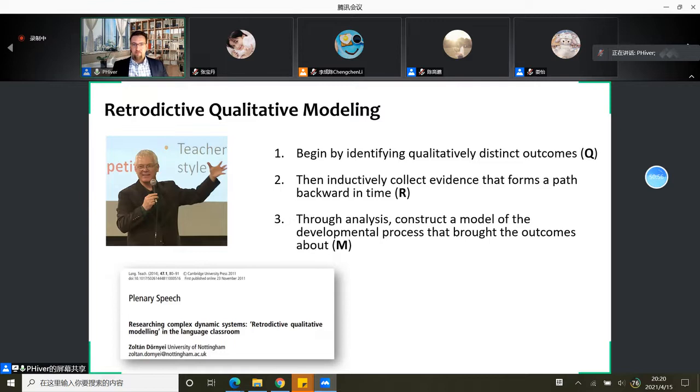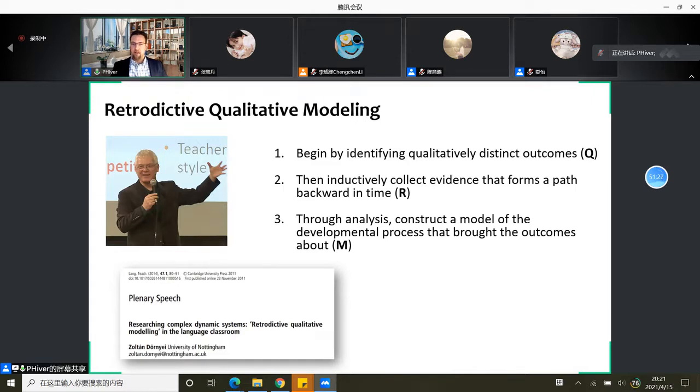So what is RQM? Well, RQM is a stepwise sequence of functional procedures. You can see that it begins in step 1 with identifying a qualitative outcome that the system has settled into. So that's the Q. And then in step 2, the researcher inductively collects evidence to trace a path backward in time.